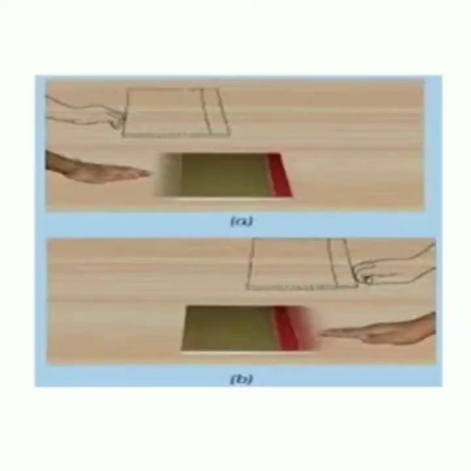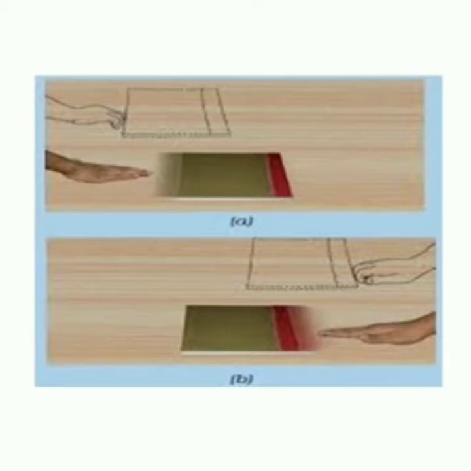Let's perform an activity. Gently push a book on a table. What do you observe? You observe that it stops after moving some distance. Now repeat this activity by pushing the book from the opposite direction. Does the book stop again? You saw that if you apply the force along the left, friction acts along the right.